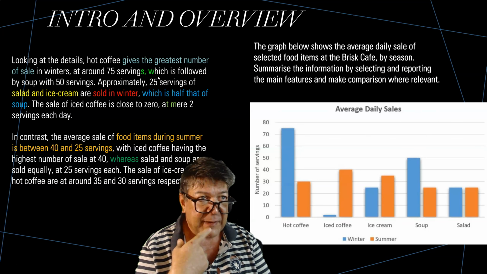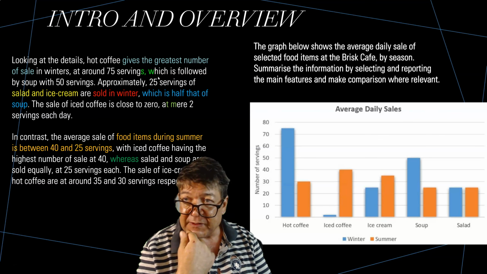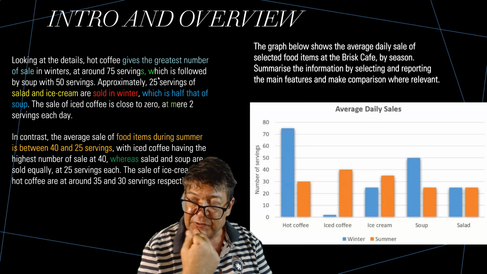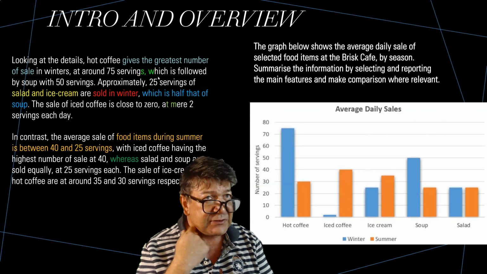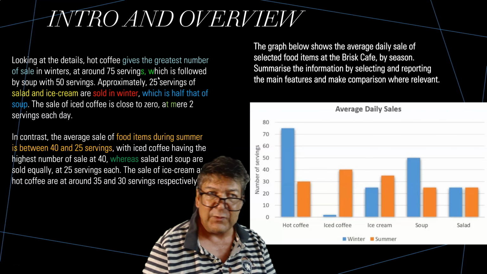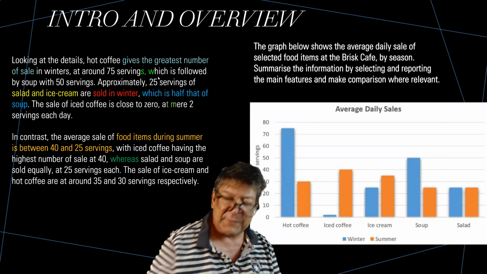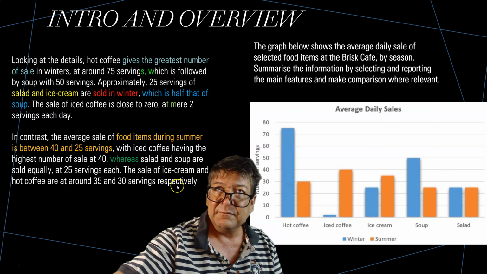The only comparisons I see in the whole thing are when you're comparing summer and winter for salad. No, you don't. There's no comparisons at all between summer and winter, just within summer and within winter. Well, I guess in the paragraph before it, but that's not enough paragraph making.